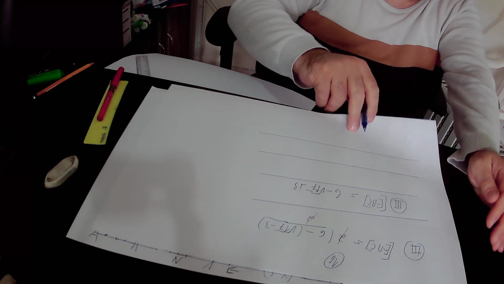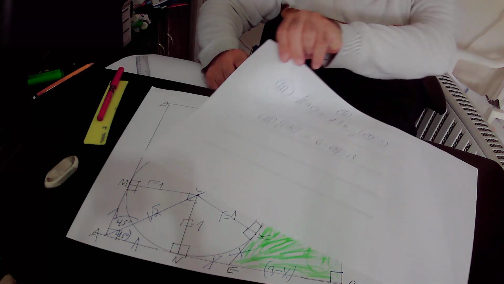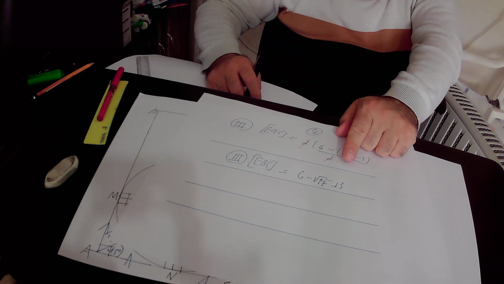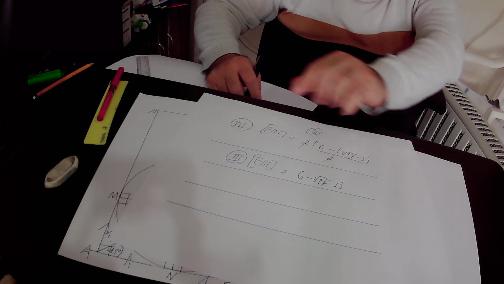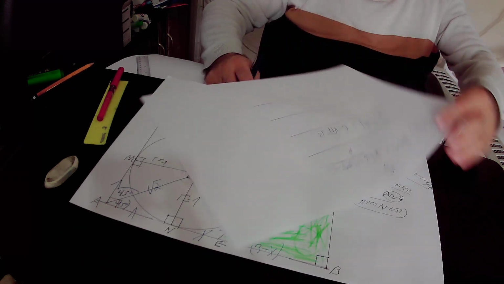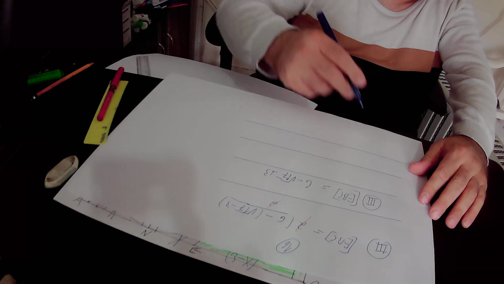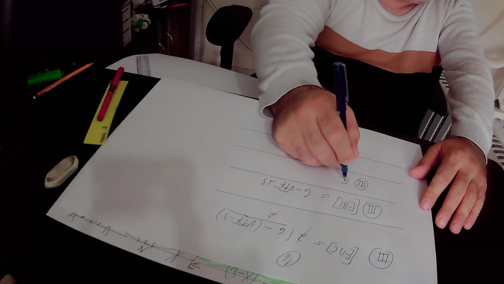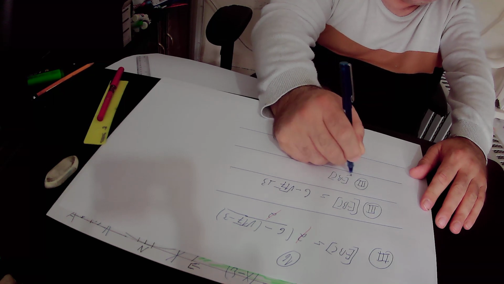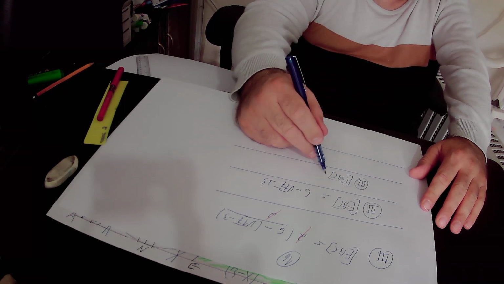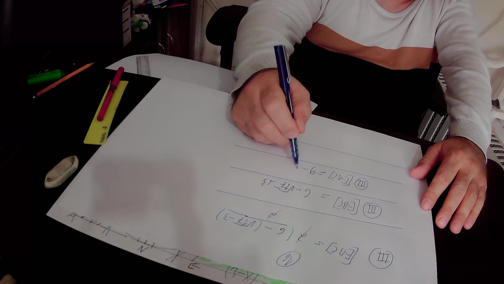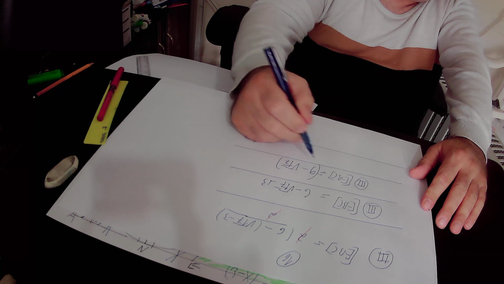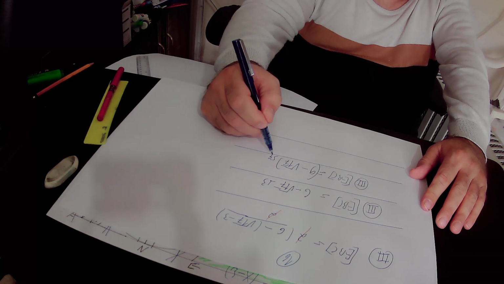So in conclusion, the area of the green right triangle equals 6 plus 3 minus square root of 17. That is to say, the area equals 6 plus 3, which is 9, minus square root of 17 square units.